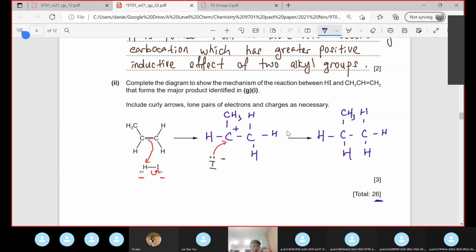Even if your side product is H2O, or HI, HBr, HCl, write it down. Sometimes you need to show the byproduct, then only you can score the last mark. We do not know when you need to write down the side product, so when it comes to mechanism, write down everything: major product and also the byproduct.